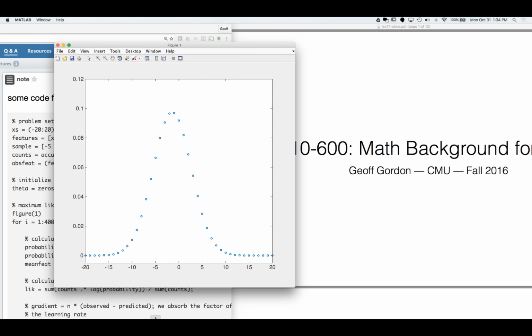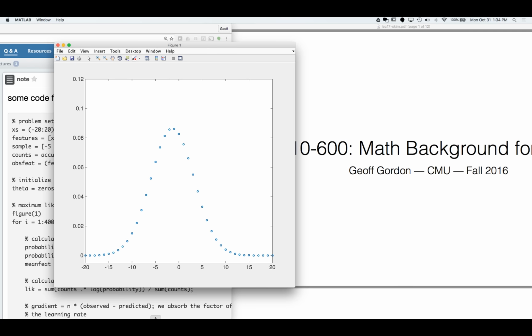So what are we looking at here? We are trying to fit a distribution over the integers between -20 and 20, and we're going to fit it by maximum entropy. What I'm showing is the distribution as we go through different steps of gradient ascent. So let me run that again.